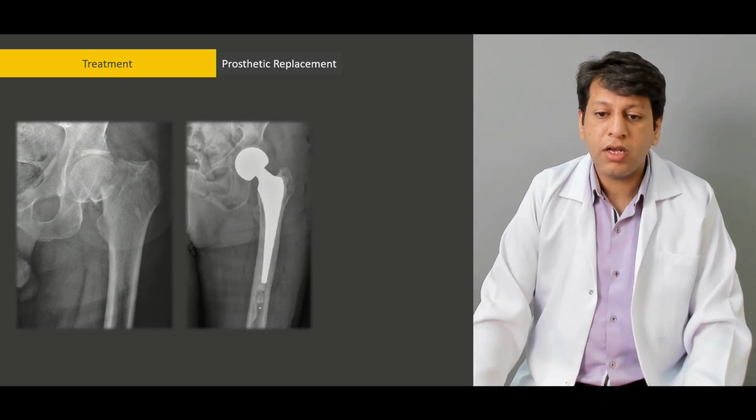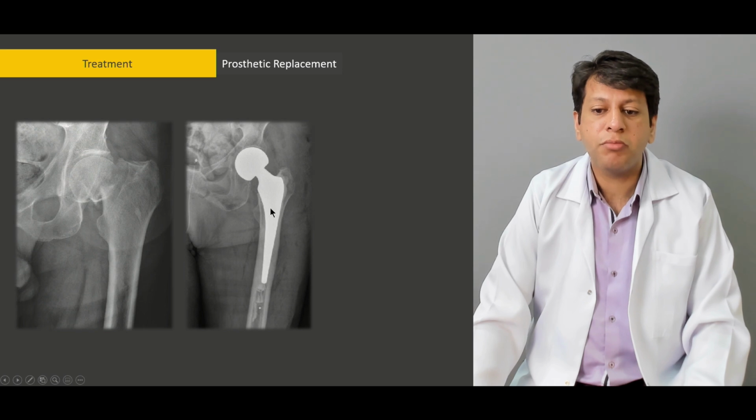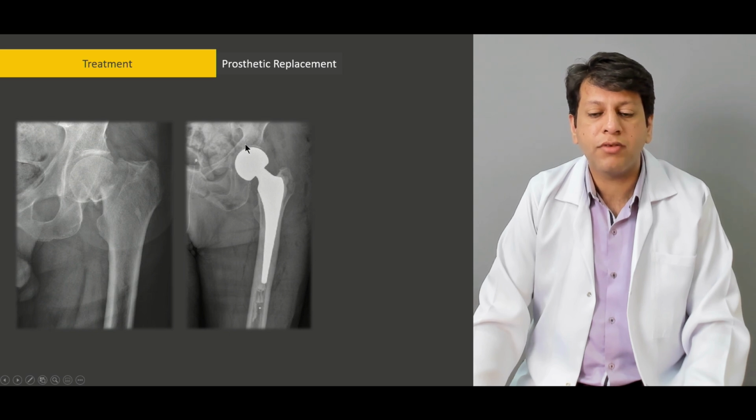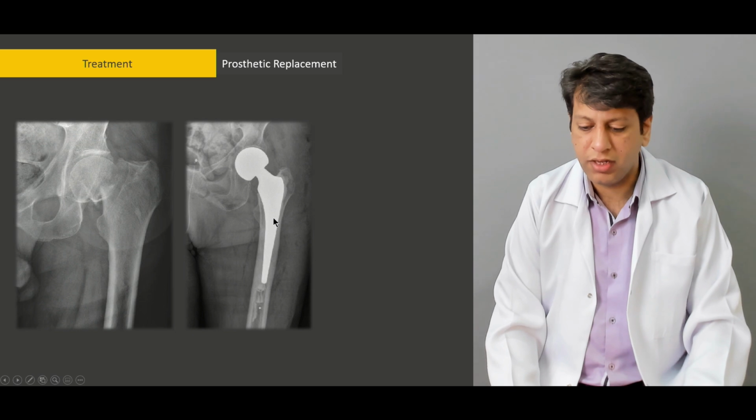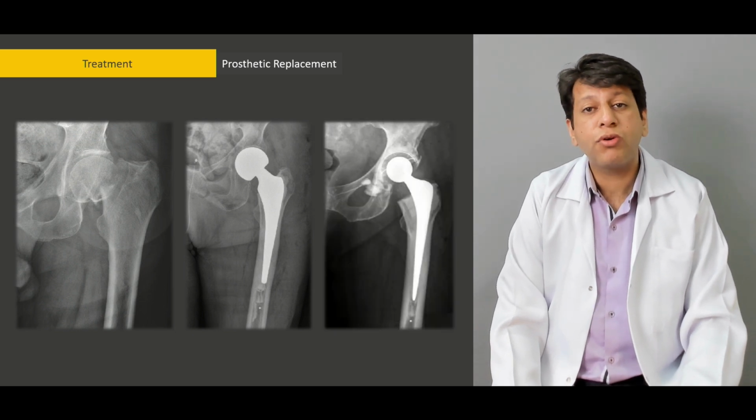This is a bipolar hemiarthroplasty which has been done. I know it is bipolar because the acetabulum is still native. A bipolar hemiarthroplasty was done in which the femoral stem has been put in place. Or you can also go for total hip replacement.